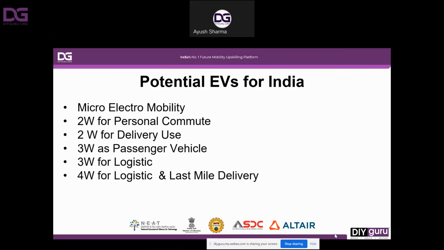Like in four-wheeler also we can define two ways, four-wheeler passenger and four-wheeler logistic. Four-wheeler passenger, we are having the electric car, and four-wheeler logistic, we are having some pickups or loaders or cargos, like the Tata Ace electric vehicle. So it is a cargo vehicle, or a logistic vehicle.